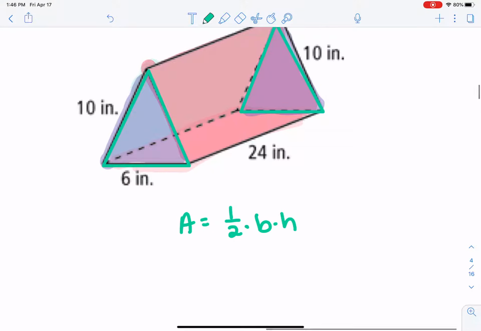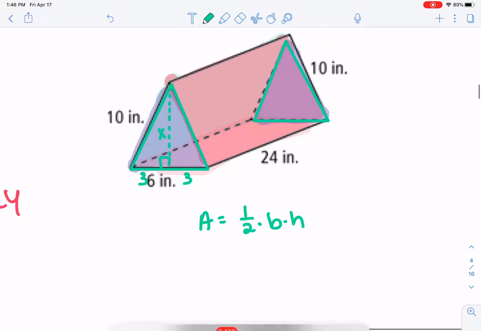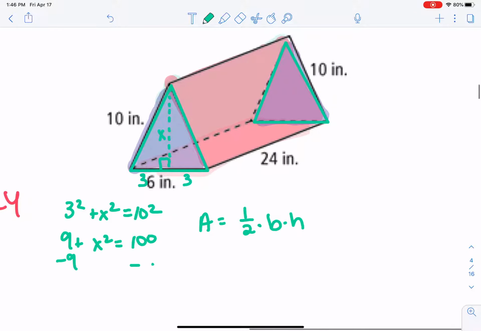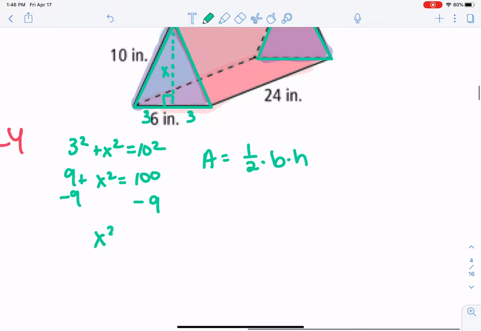With our triangle, I don't actually know the height, so I have to do a little bit of Pythagorean theorem. This would be 3 and 3. This would be x, so 3 squared plus x squared equals 10 squared. 9 plus x squared equals 100. Do a little bit of algebra: x squared equals 91.